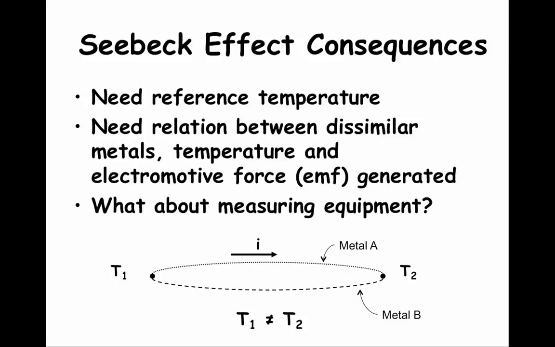Electromotive force can be abbreviated as EMF. Finally, we need a way to measure the current. Will adding a measurement device in the circuit mess up the system? Do you think so? A measuring device will add new dissimilar metal junctions and they will generate EMF too.